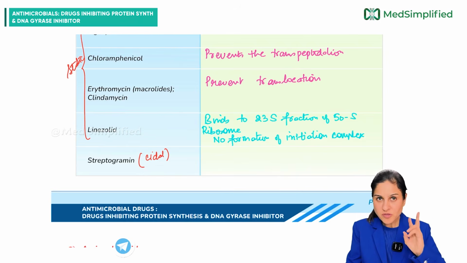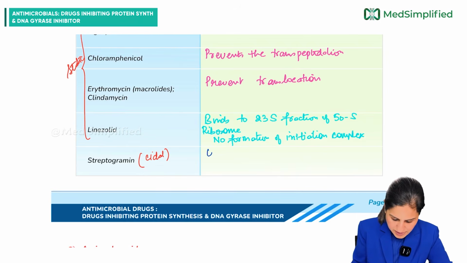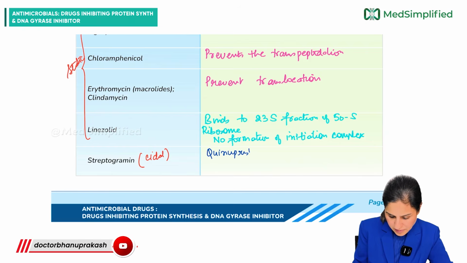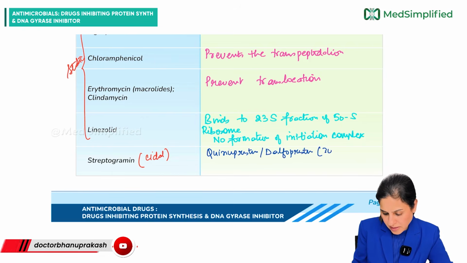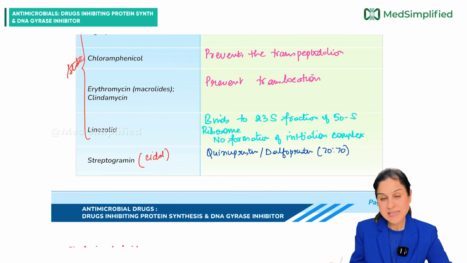Then we have streptogramins. They are made up of two drugs. One is quinupristin and the other is dalfopristin. This is present in a 30:70 ratio.